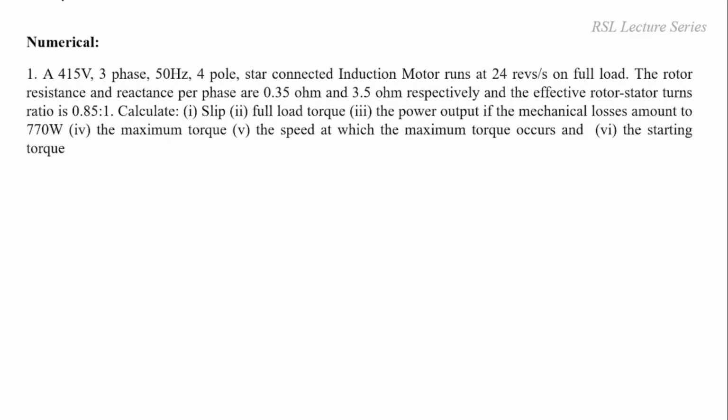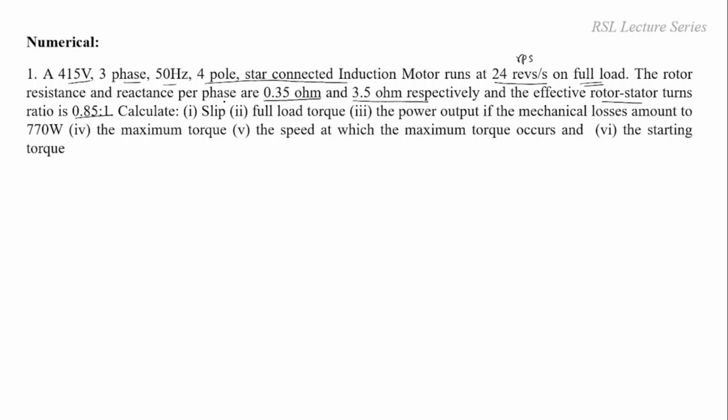Okay. Now we'll solve one numerical. It is given that a 415 volts, 3-phase, 50 hertz, 4-pole star connected induction motor runs at 24 revolutions per second, that is RPS, on full load condition. The rotor resistance and reactance per phase are 0.35 ohm and 3.5 ohms respectively, and the effective rotor to stator turns ratio is 0.85:1.